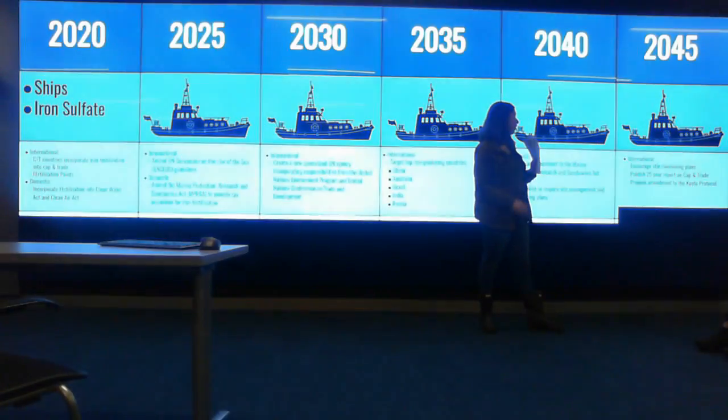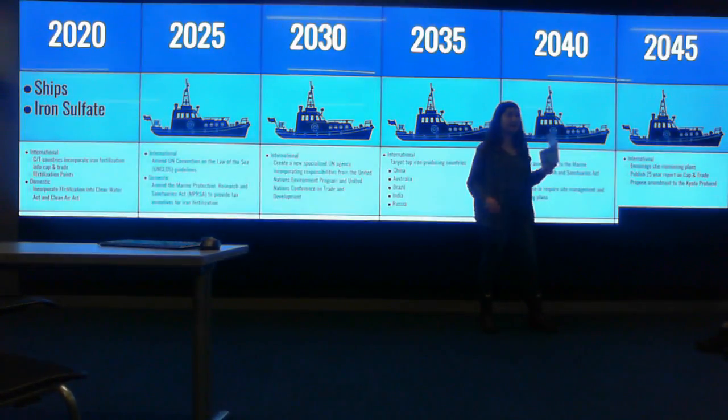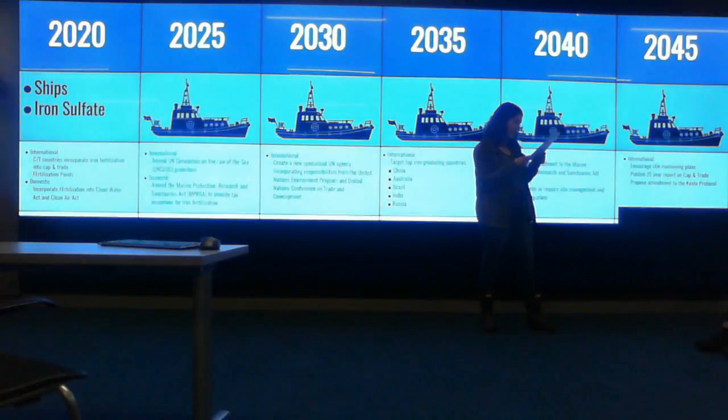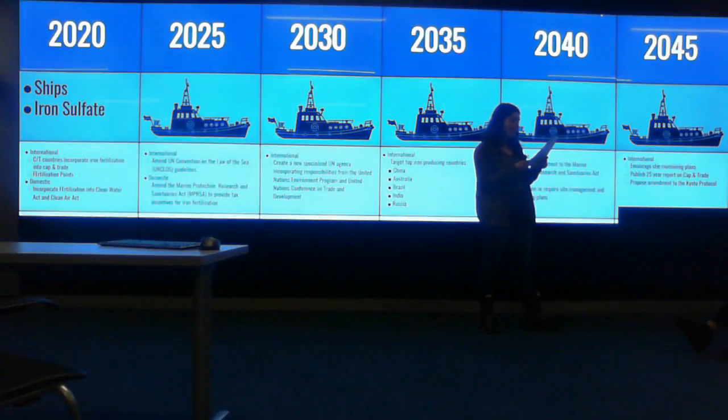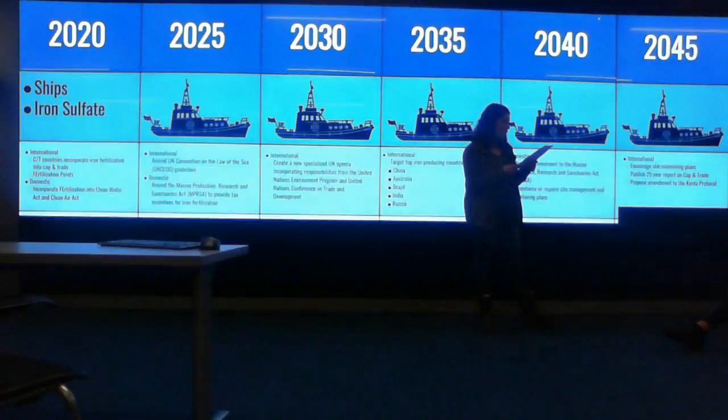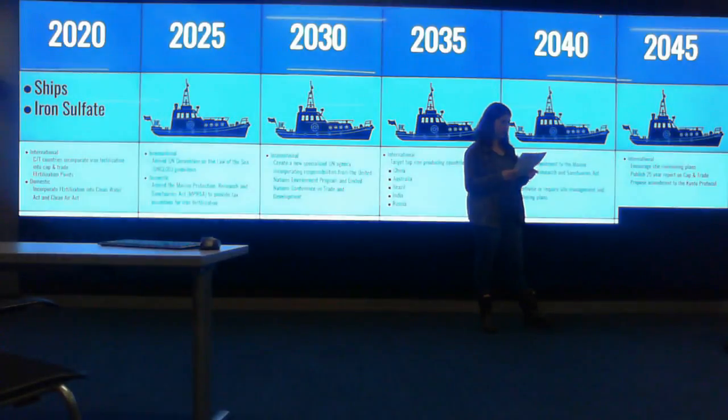Additionally, we're going to publish a 25-year report on cap and trade because it will have been 25 years, which is thrilling. And we're going to propose an amendment to the Kyoto Protocol, which would be ratified by the U.S. and Canada and other countries that failed to ratify or withdrew from the original agreement, and incorporate iron fertilization into that original document.